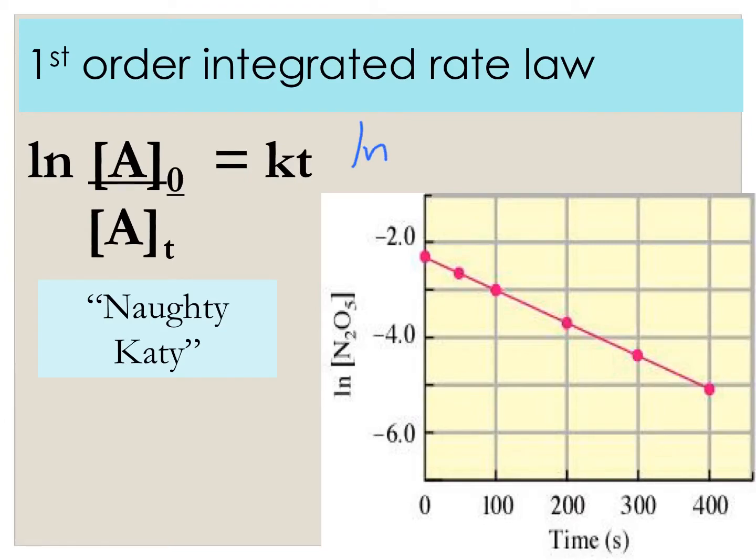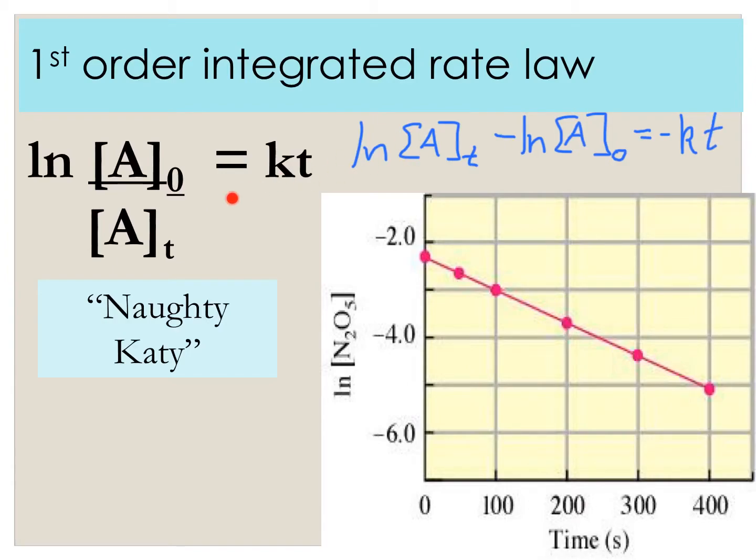It's ln[A]t minus ln[A]0, where [A]0 is our initial concentration, equals negative kt.